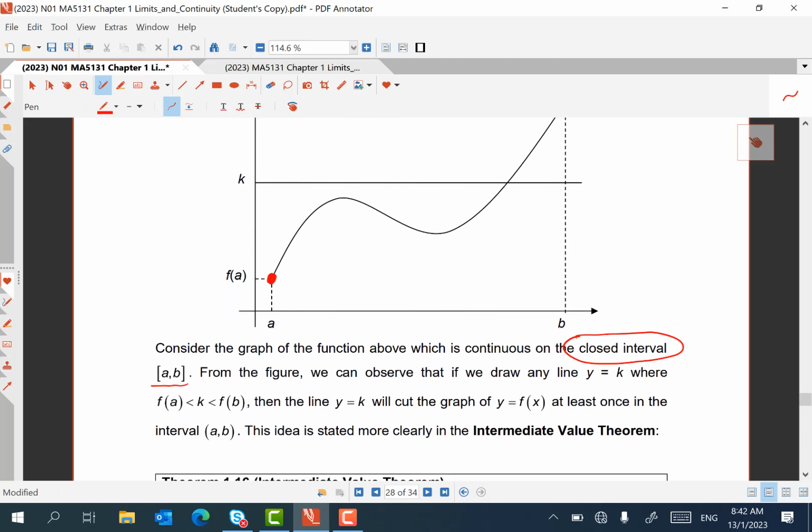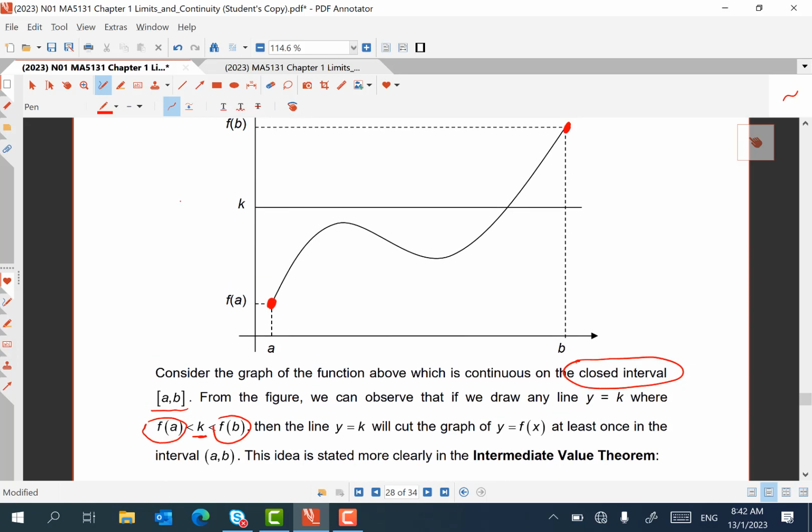So this theorem says if you have a function that is continuous on the closed interval, and then a value k that is between, let me say, this k value is anywhere between these two numbers. So it starts out with a point k that is between f(a) and f(b).